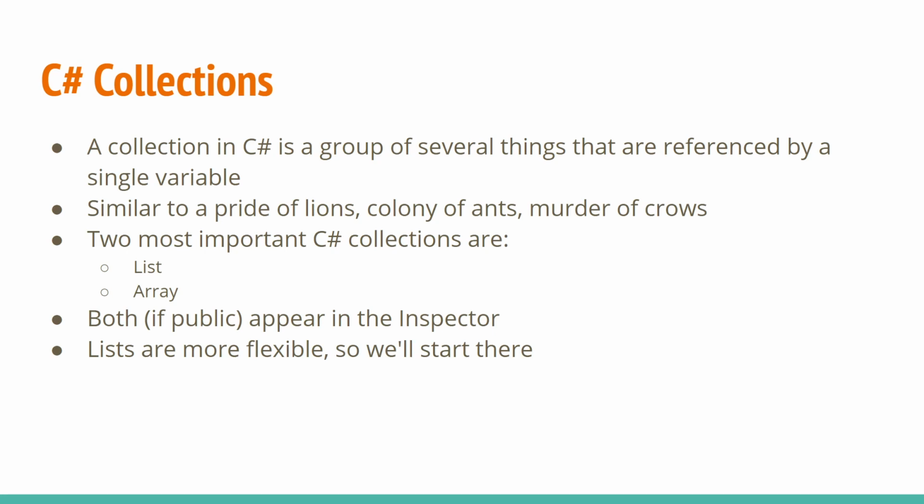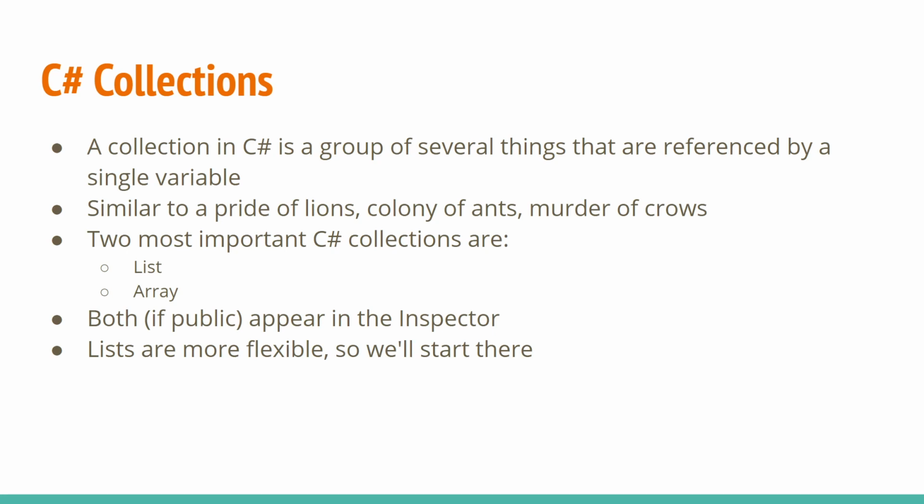Two of the most important collections in C# are lists and arrays. They're important with regards to Unity and how they interact with the Unity interface and editor. The nice thing about them is if they are declared as public, they will show up in the inspector.